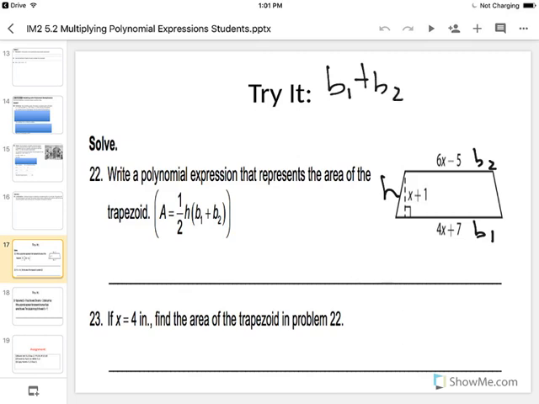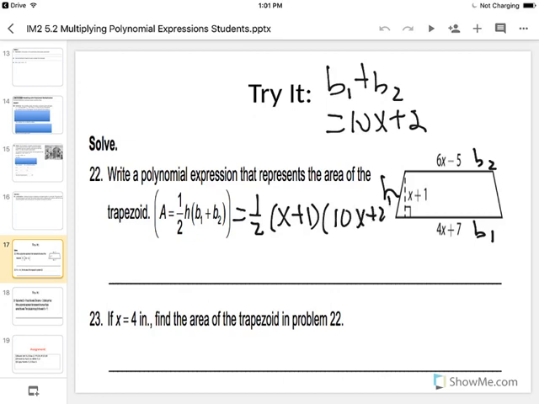Base 1 plus base 2: we have 4x plus 6x, this gives us 10x, and a positive 7 and negative 5 give us a positive 2. So we can write this as 1/2 times the height, which is x plus 1, times 10x plus 2. Use the distributive property for this part first.